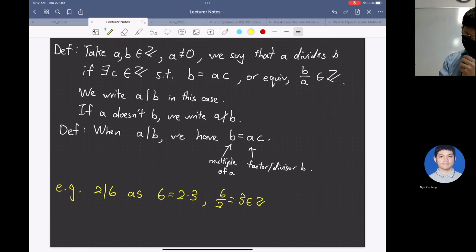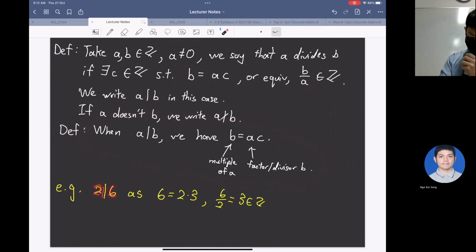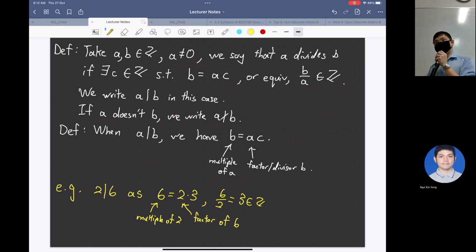Since 2 divides 6, 6 is a multiple of 2, and 2 is a factor of 6.